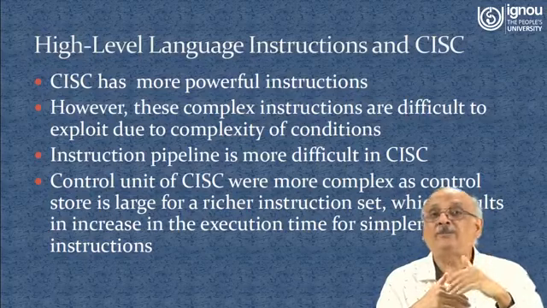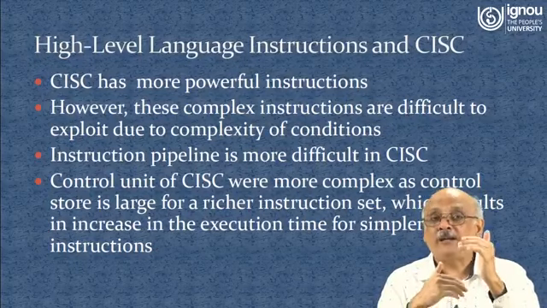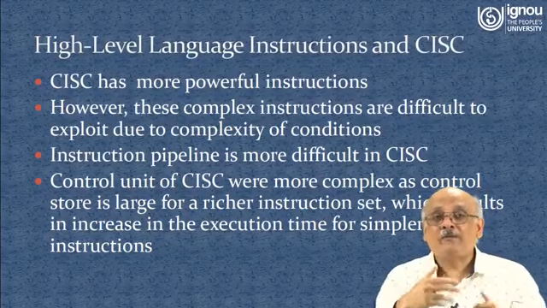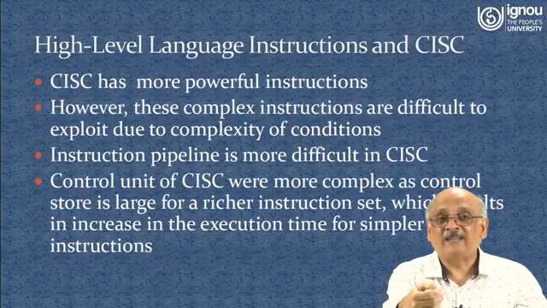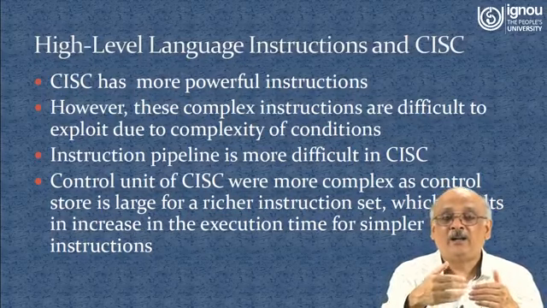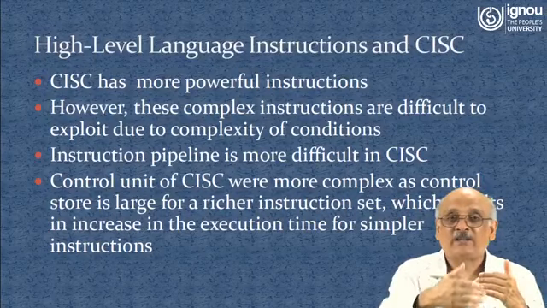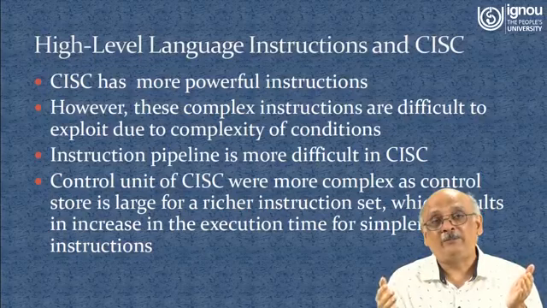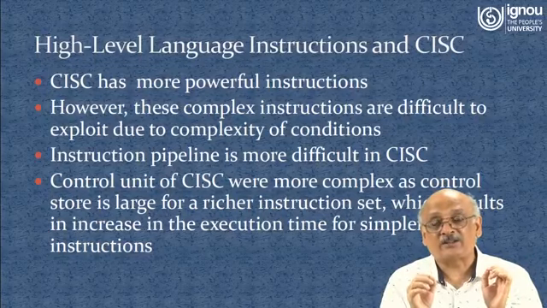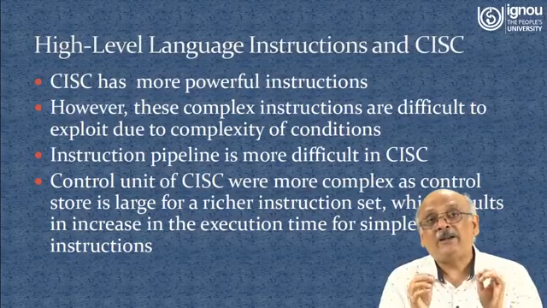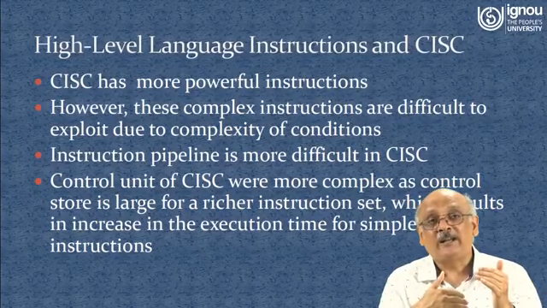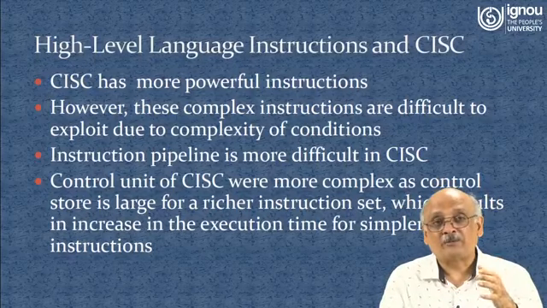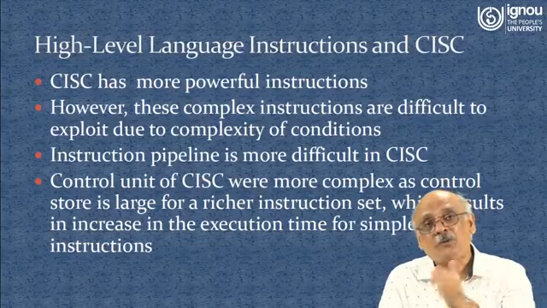A bigger control unit simply means a bigger microprogram. With a larger size, additional time is required to search and find all that information. The overall effect is that simpler instructions, like simple addition, may require more time for execution than on a reduced instruction computer machine, where simplicity leads to faster execution.